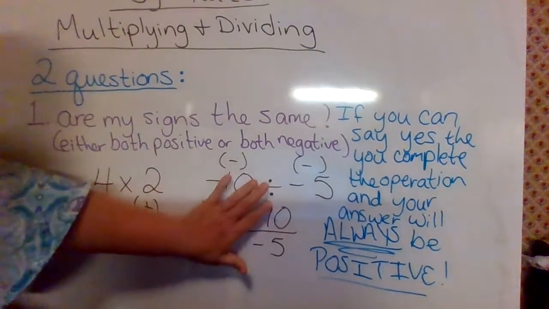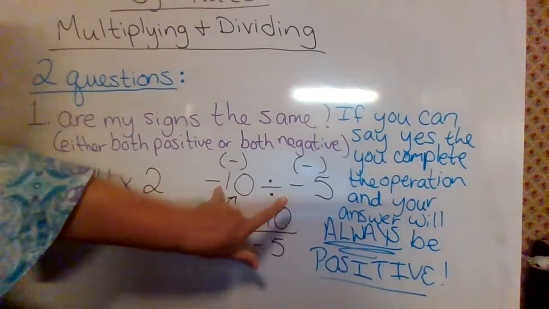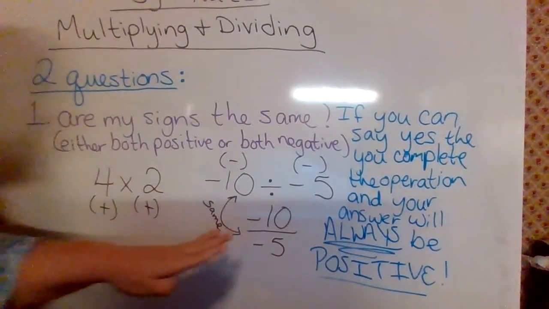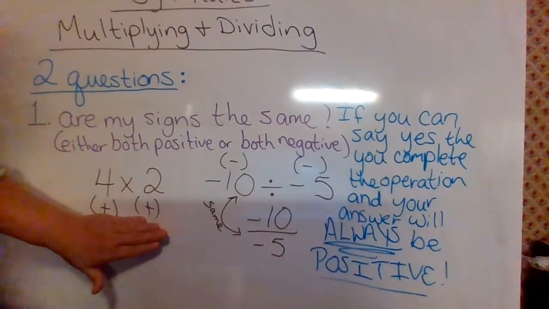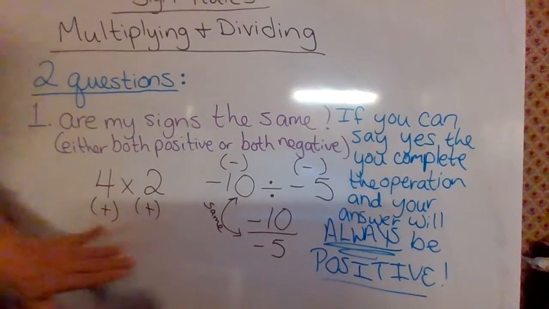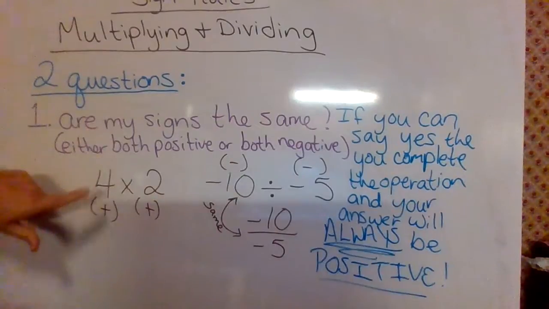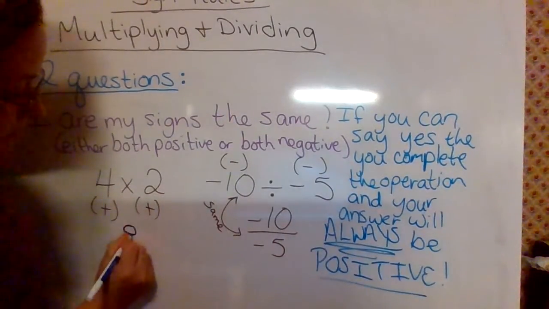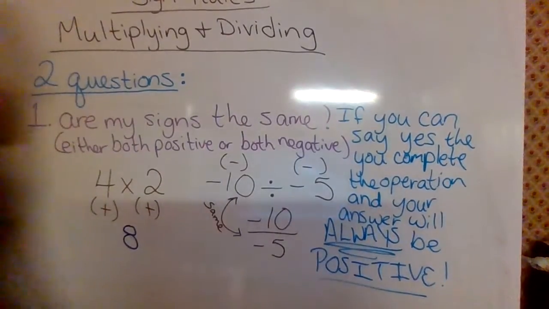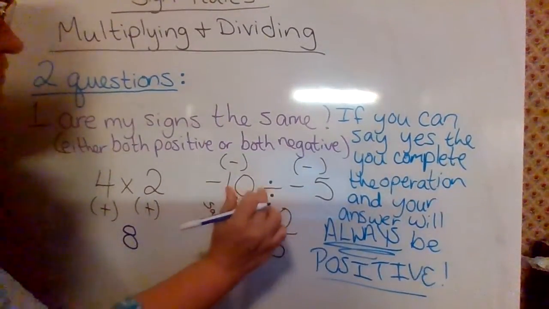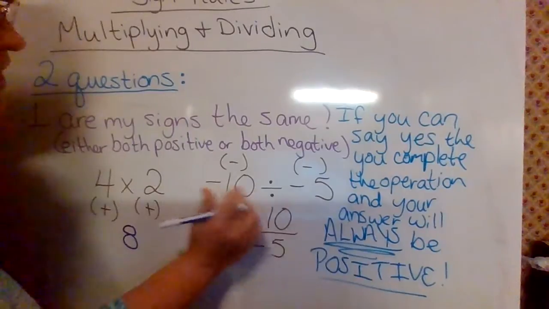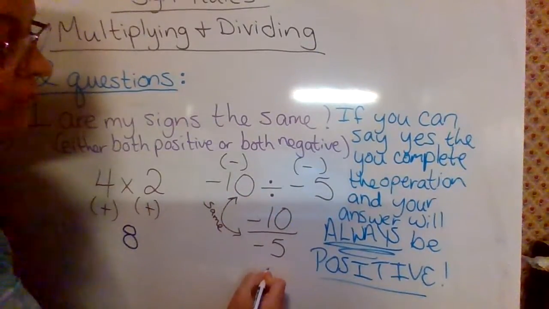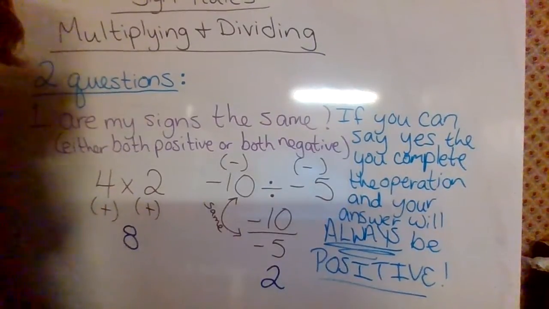It doesn't matter if you started with 2 negatives. Those 2 negatives are going to cancel each other out. So 2 positives multiplied together gives you a positive. So this 4 times 2 is going to give you a positive 8. This negative 10 divided by negative 5 is going to give you a positive 2.